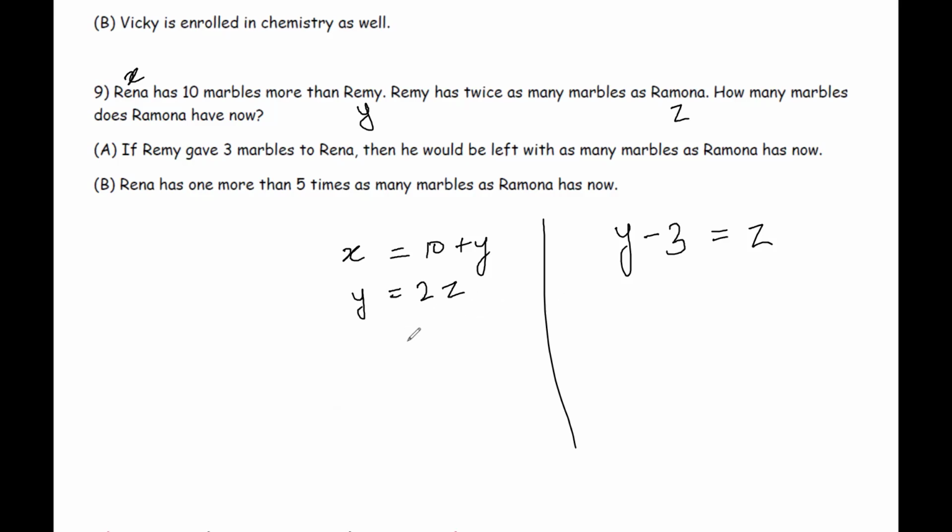So then y is z plus 3, or z is y minus 3, right? So y is equal to 2 times z, which is y minus 3, correct?